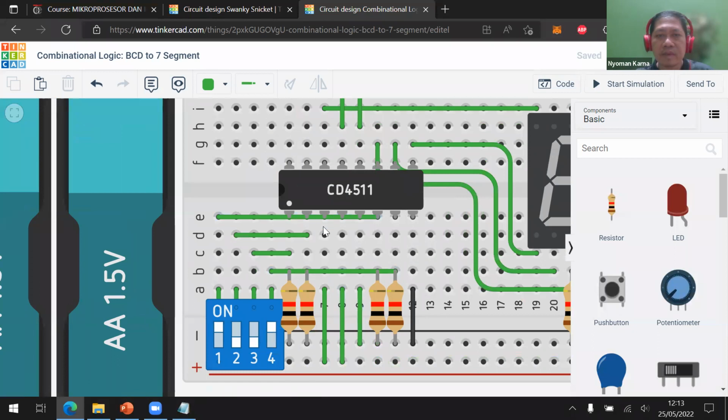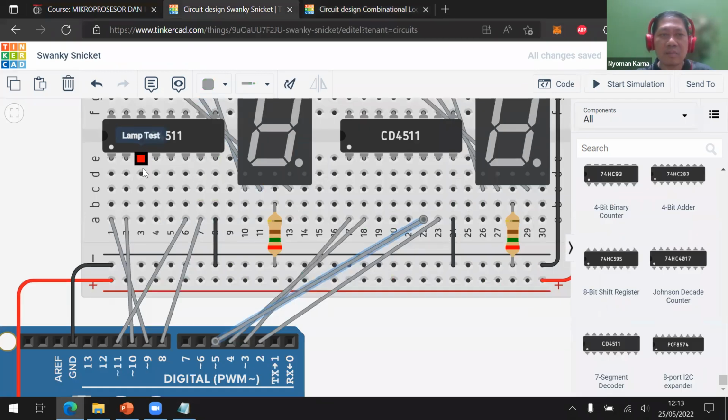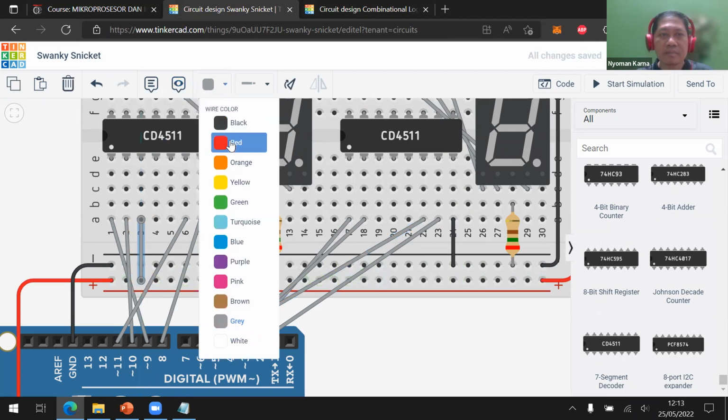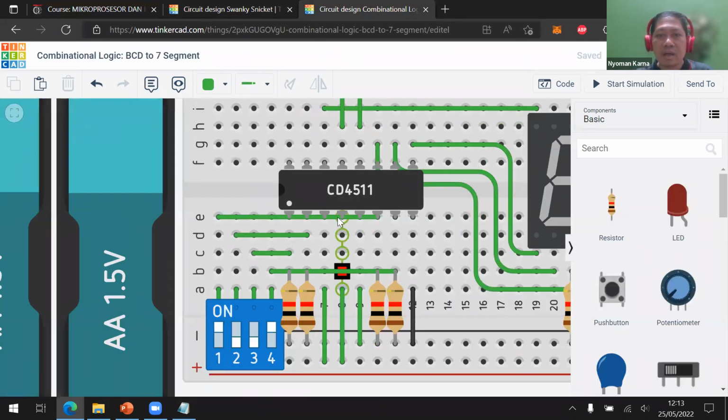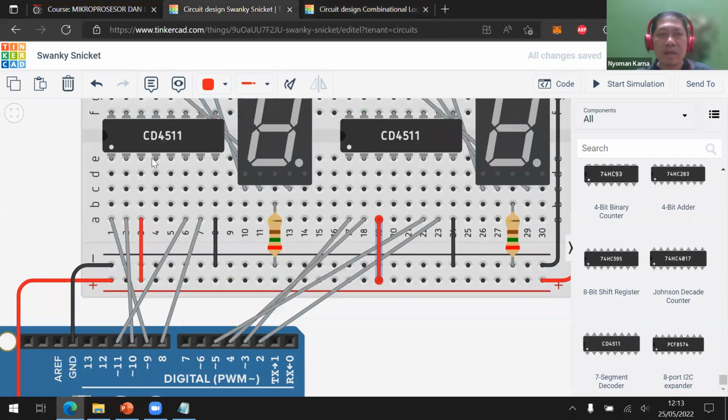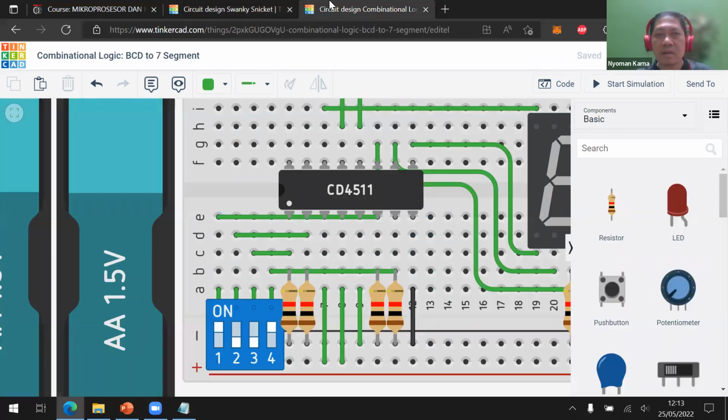For the lamp test, it will be connected to 1. And then blanking connected to 1.